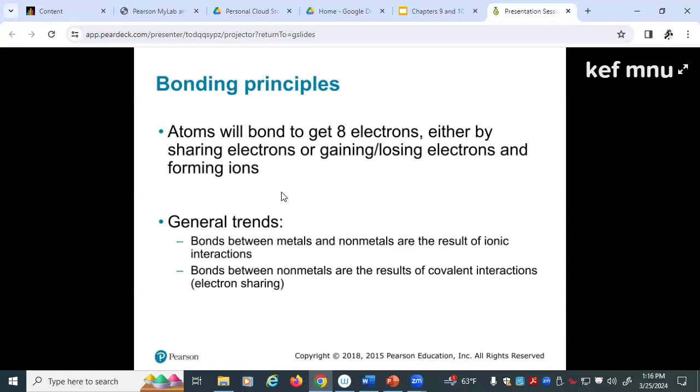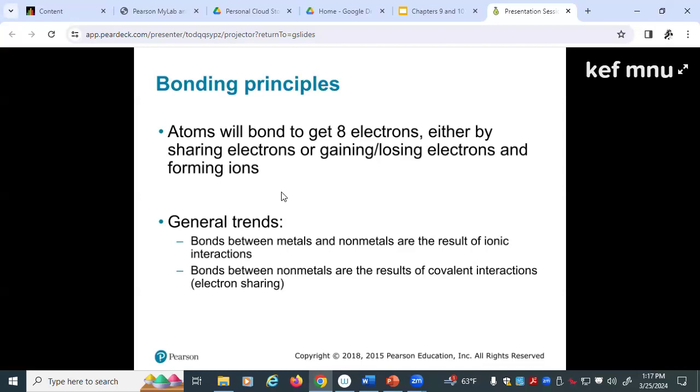They can add electrons to get to 8, they can drop electrons to get to 8, or they can share electrons to get to 8. Which path they choose ultimately depends upon how many dots they have in the first place. So there are some general trends that we can follow.